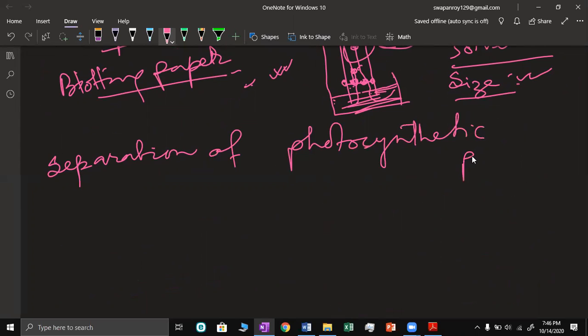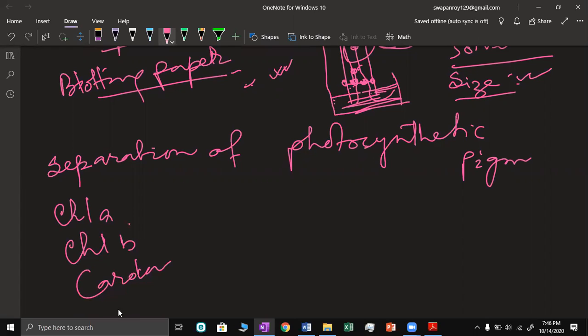In the photosynthetic pigment, the main pigments are chlorophyll A, chlorophyll B, carotene, and xanthophylls.